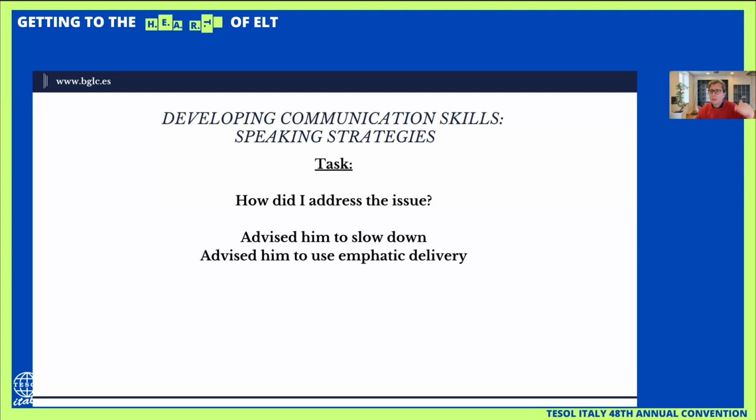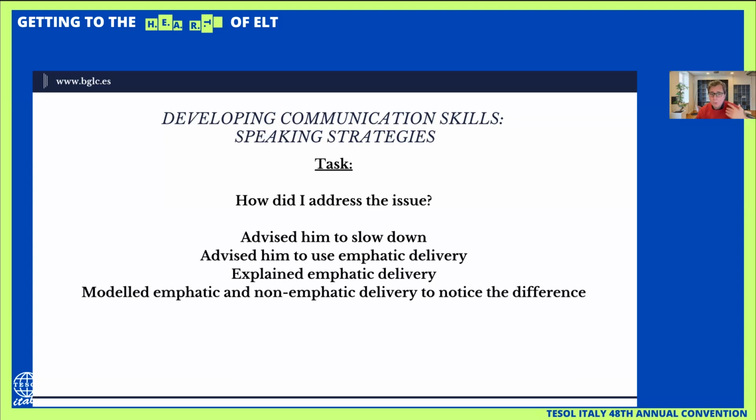Of course they don't. We have different gears, and I mentioned that in my training, talking about the different gears that we can use in terms of first, second, third, fourth gear and how we talk, but also levels of emphasis in our delivery. I also explained emphatic delivery to him. I told him what I meant. I modeled it for him, and I said, okay, this is not emphatic.